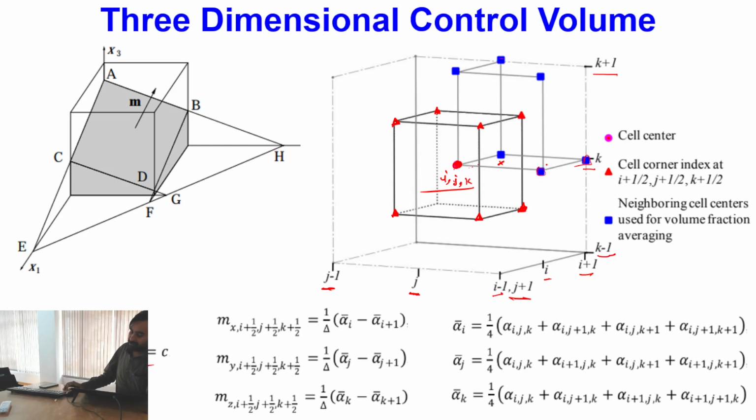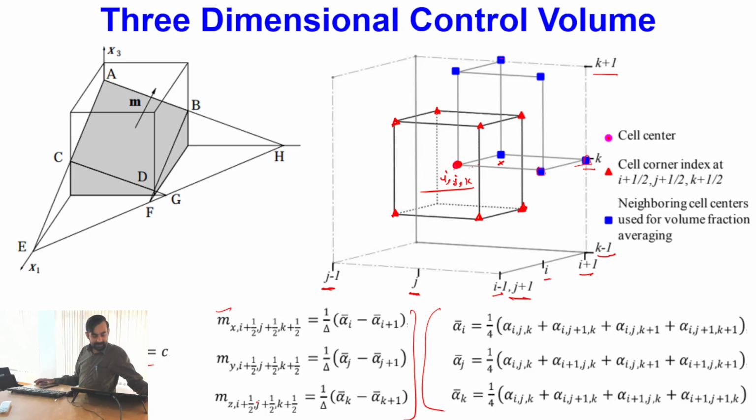So this is representing the neighboring cell centers which are used for estimation of gradients at the face centers. All are clear with this point? And of course, because I have already explained you about the two-dimensional estimation of slope, if you try to extend it, this is how you can extend these formulations for estimation of three-dimensional slopes.